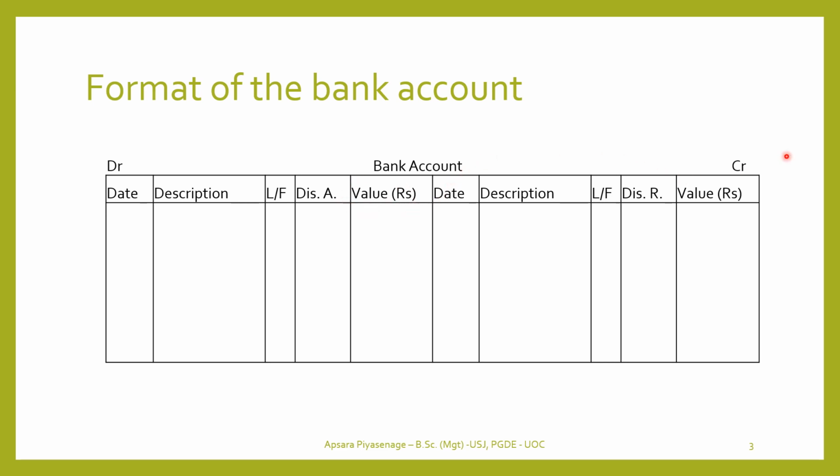And on the credit side, same as the debit side, date, description, ledger folio. And here the difference is that on the credit side, you record discount received; discount allowed on the debit side, and discount received on the credit side, and finally the value.